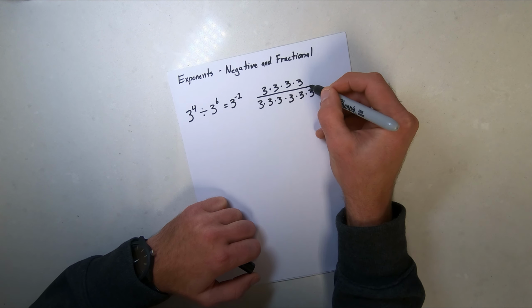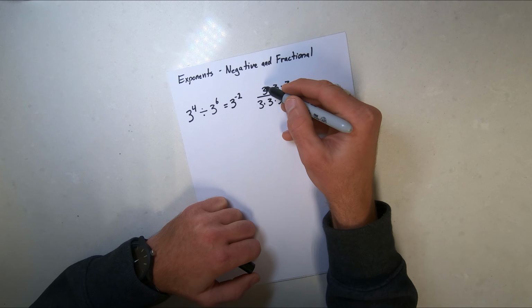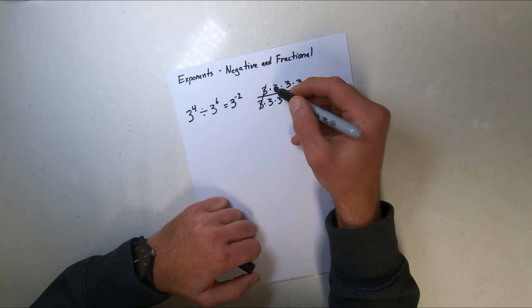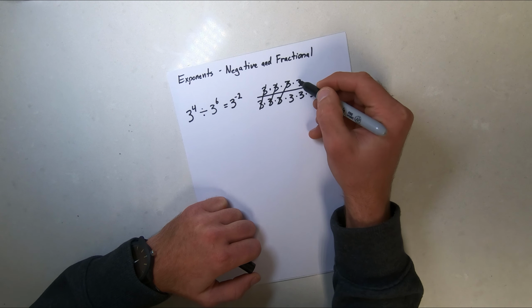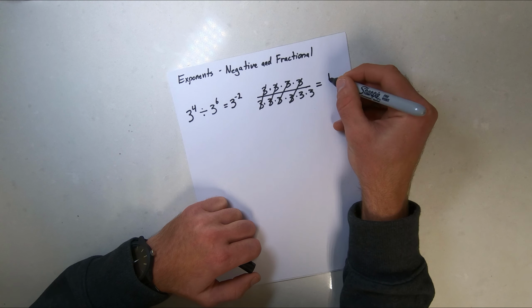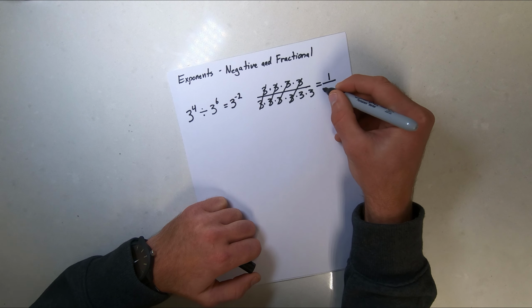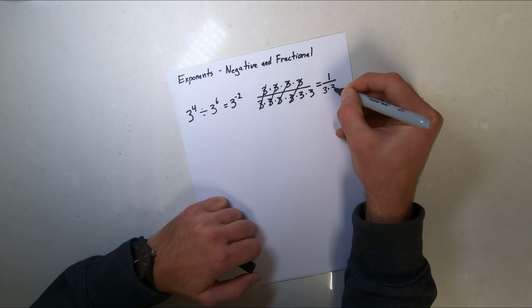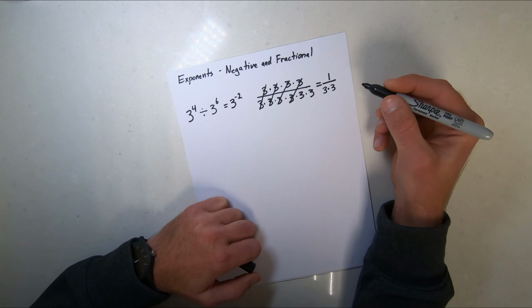And when we have this, we can just cancel out the multiplication and the division. This leaves us with just 1 on top and 3 multiplied by 3 in the denominator.